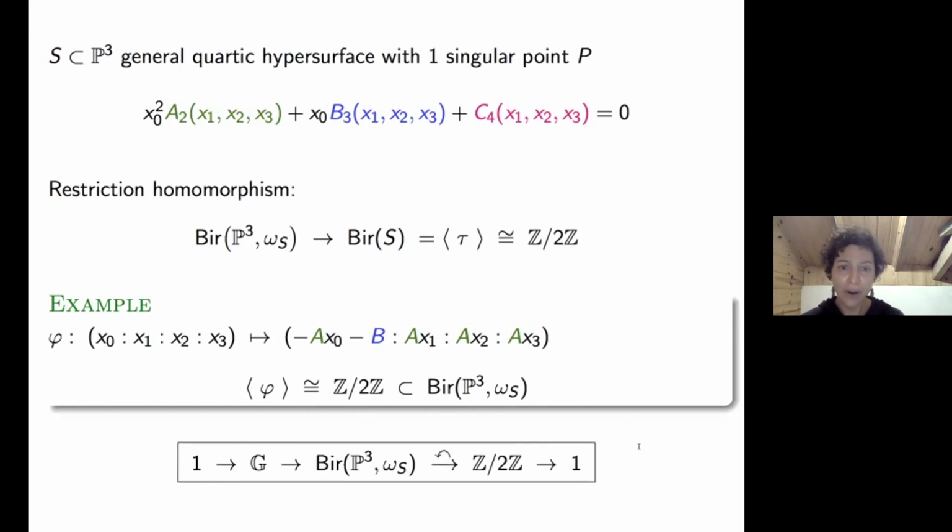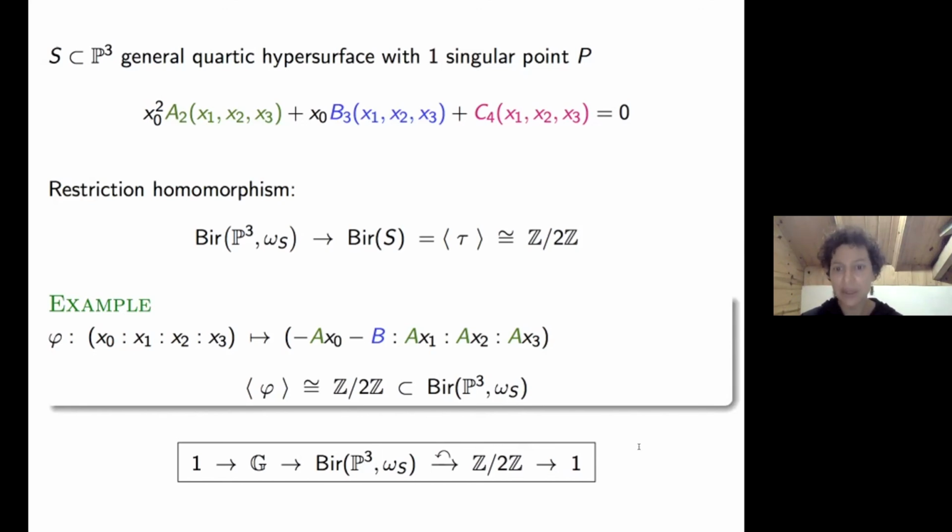and therefore, because it is an involution, we actually get a splitting of this sequence. So we have a restriction homomorphism from the group of birational transformations of P3 preserving the form to this cyclic group of order 2. We denote the kernel by G, and we have a splitting of the sequence.